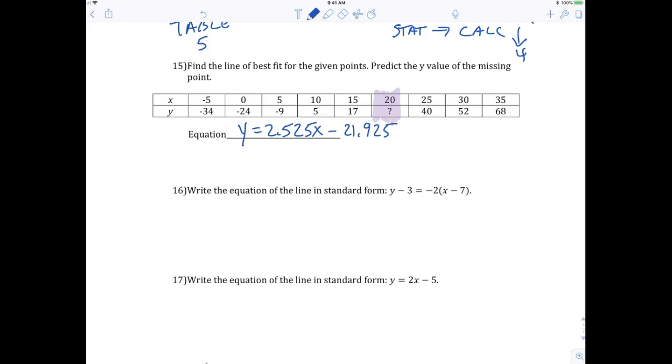Close enough. My answer was 28.575 for 20. So now the value of 20, he said, was what? 28.575. All right, I'm pretty good with that.